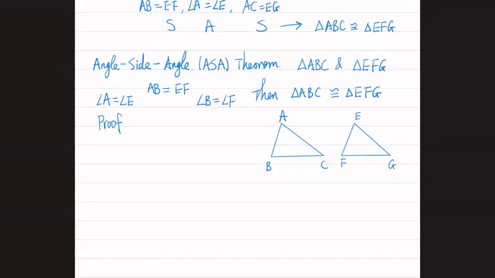We have equal side, equal angles. Then we claim the two triangles are congruent. How can we prove it?